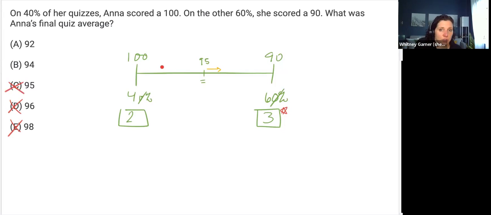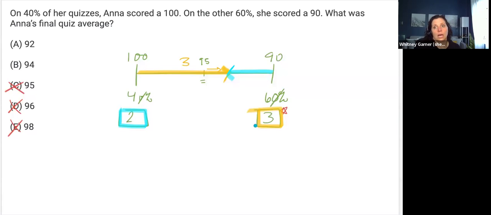So, one of the things I can do is say, all right, the 90 has a strength or a weight of 3, meaning that it is pulling the average 3 in its direction, like 3 strength, so to speak. What I know is that the hundreds only have a strength of 2. And so it's essentially pulling 2 units its direction.